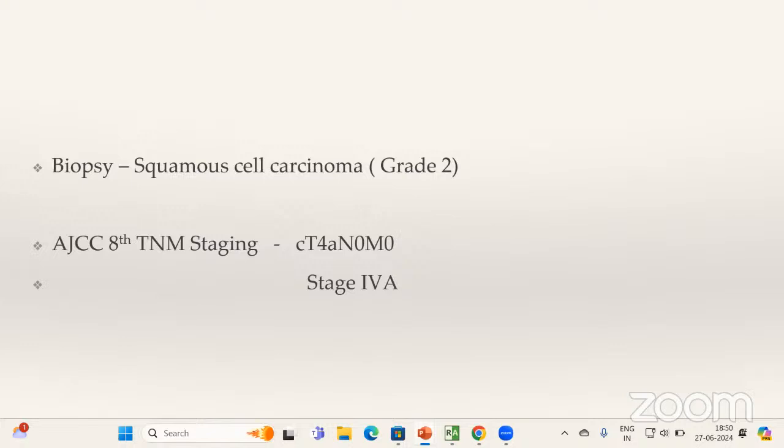So better you should go for neck dissection. I get your point. You are saying that since the palate is involved, you will like to address the neck. No, sir, it is a T4A lesion, and if I am planning for free fibula also, sir, I have to open the neck and I will do 1 to 3 at least.